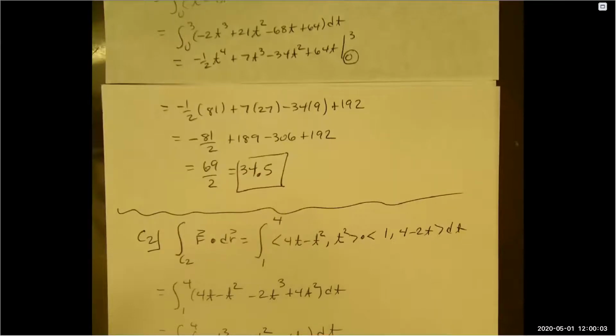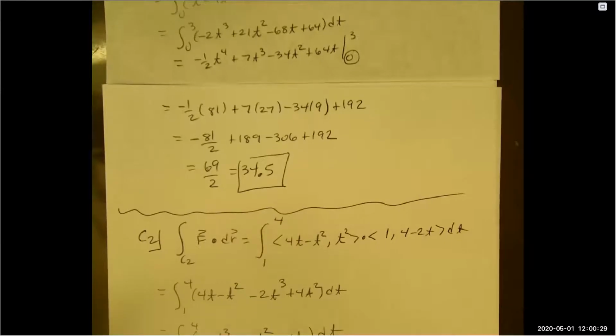All right, so we have that. So now we can just go ahead and integrate this. So we're going to have minus 1/2 t to the fourth plus t cubed, and then plus 2t squared. And so let's go ahead and see what we get.